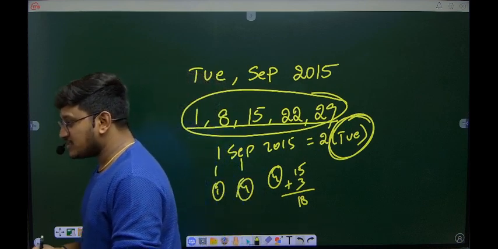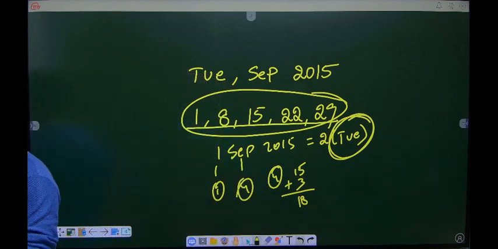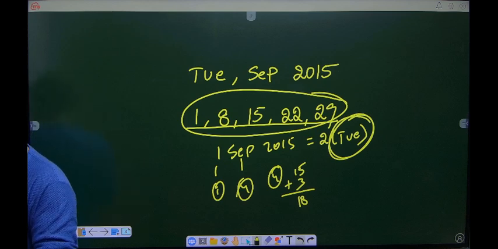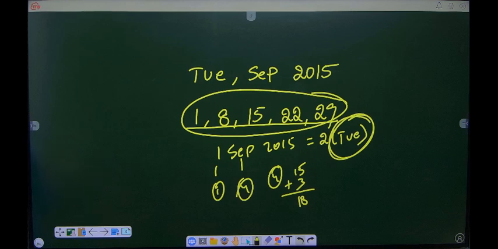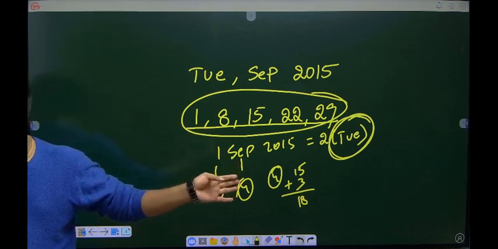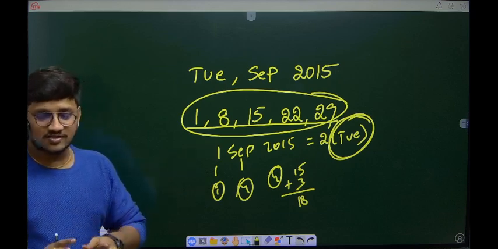Very good. Almost the majority of the students posted the same correct answer, 1, 8 and so on. I can see Priya and Supriya, you posted 2, 9, 16, 23 and 30. Now you got it, how it is. Guys, if you have any doubts, you can ask, no issues.